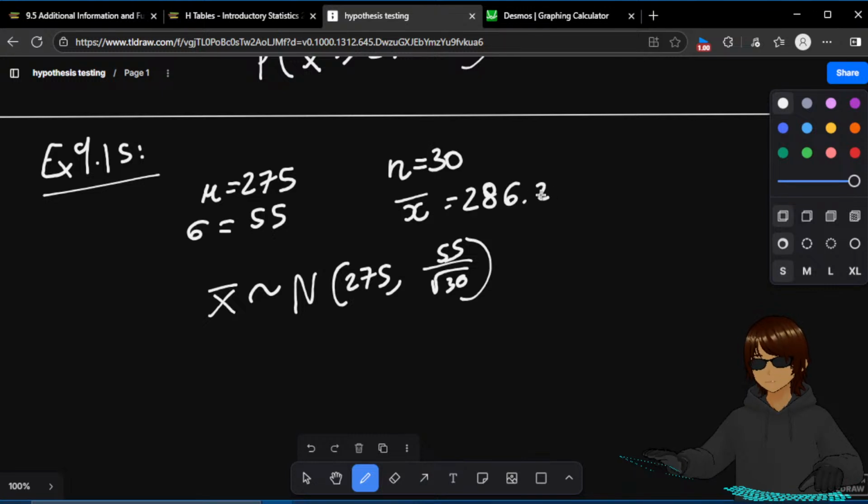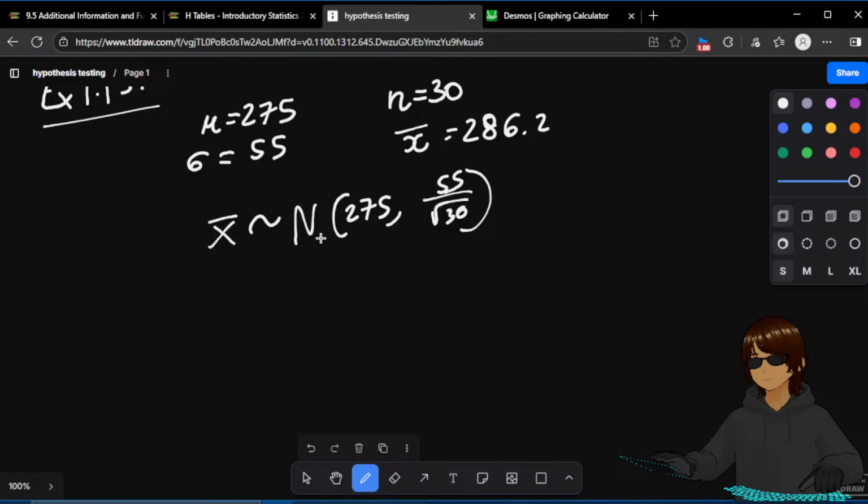So now we take the difference, and since the sample mean is distributed like this, we divide it by the standard deviation and we get the z-score.